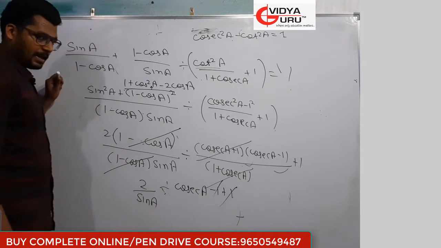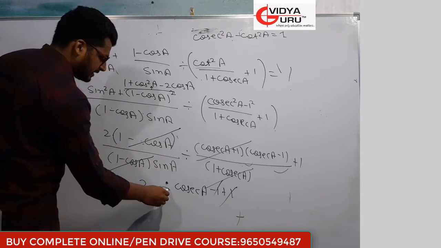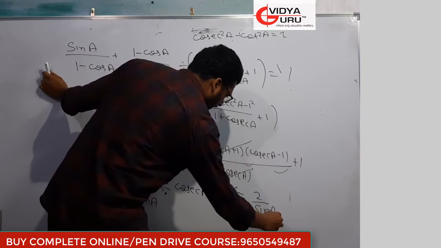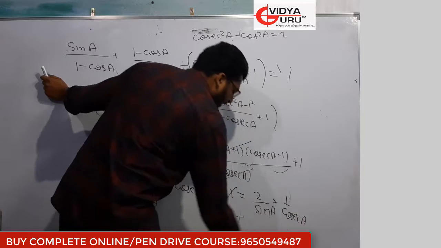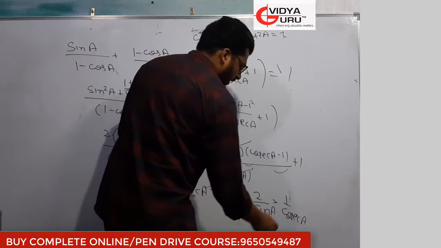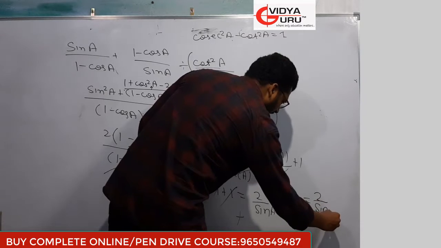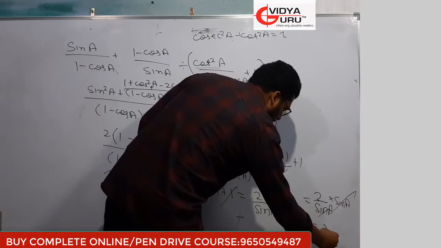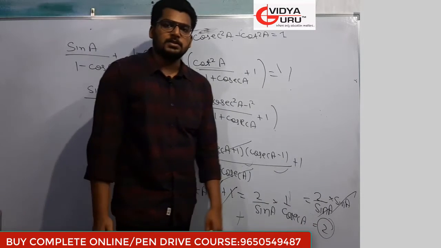Cosec A can be written as 1 upon sin A, but if I change this division sign into multiplication, what will it form? 2 by sin A upon 1 upon cosec A. Cosec A is nothing but 1 by sin A. This will come as 2 by sin A into sin A. This will be cancelled out and the answer will be 2. What is the answer of this question? 2 is the answer of this question.